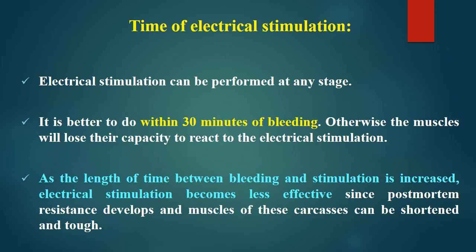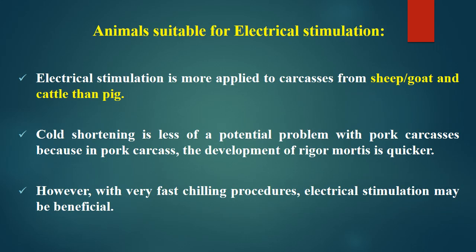So if we delay the electrical stimulation, the post-mortem resistance will develop, the muscle will start shortening, and it will become tough. So it should be done at the earliest. Now we will see the animals suitable for electrical stimulation.